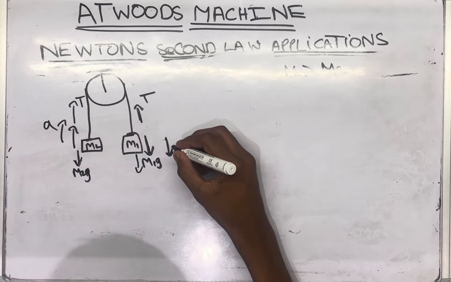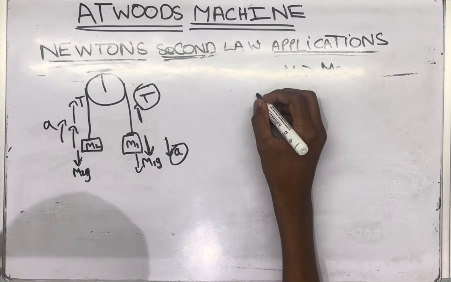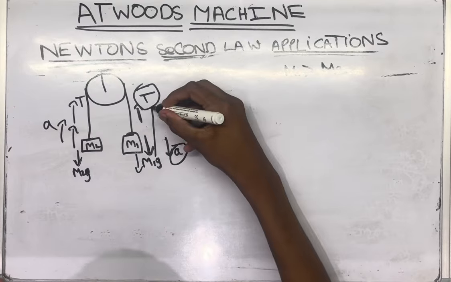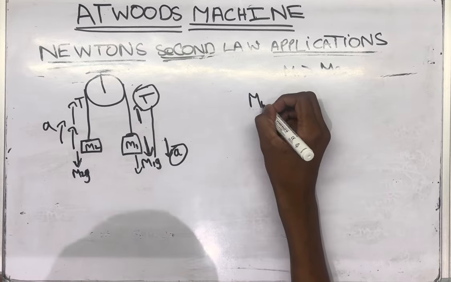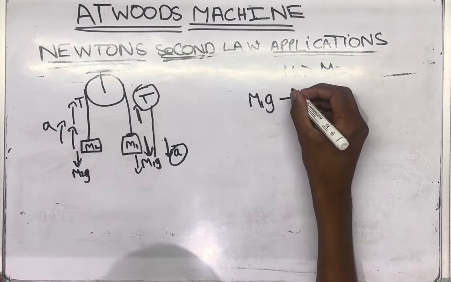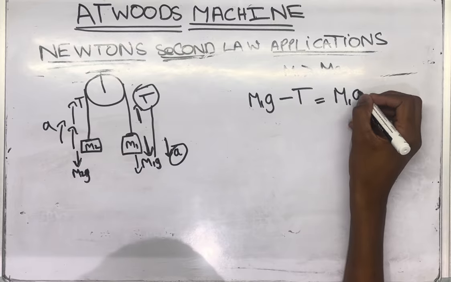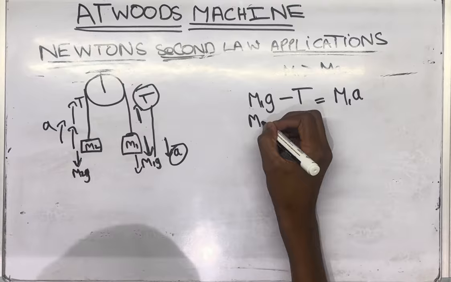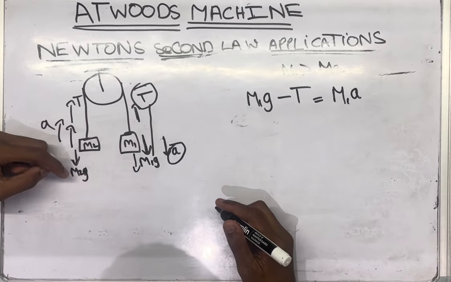Now let's try to derive acceleration and tension. So let's try to make equations between weight and tension. M1g minus T is equal to M1a. M2g should not be here because tension is greater than M2g.